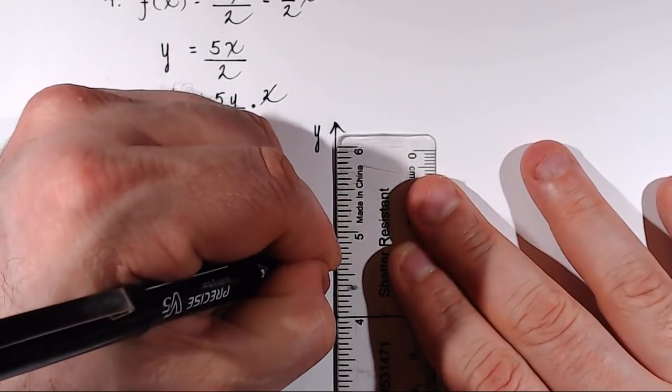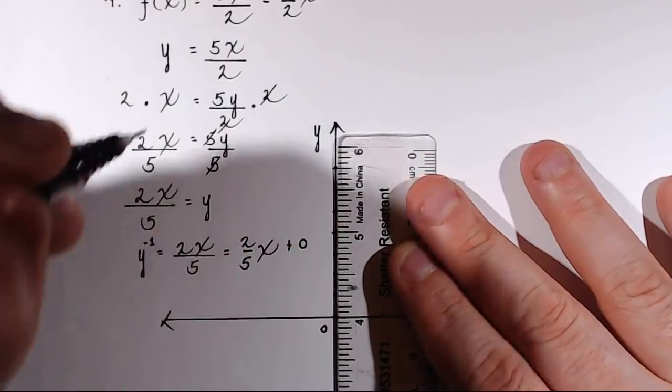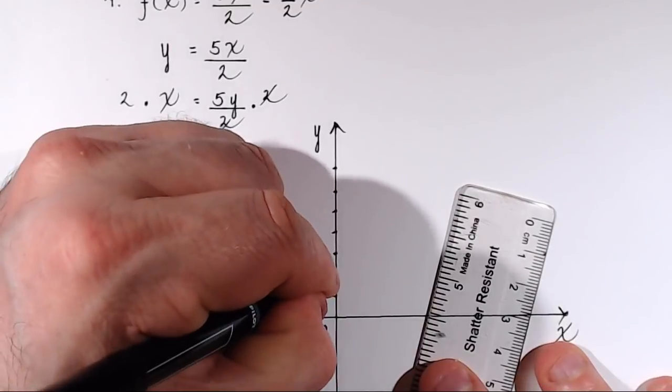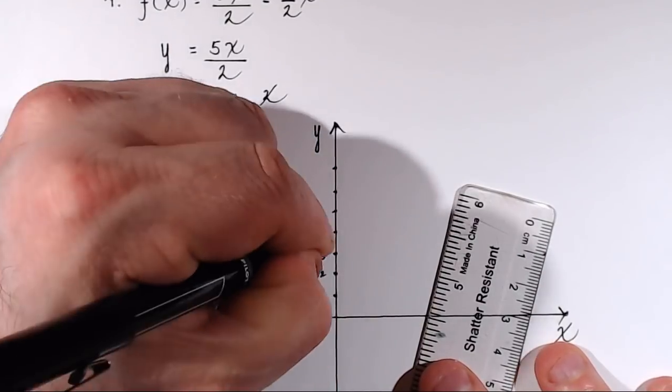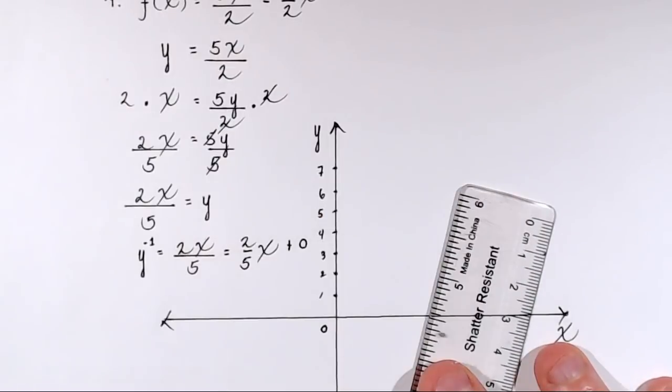So that's 1, 2, 3, 4, 5, 6, 7. They're each spaced 1/4 inch apart. 1, 2, 3, 4, 5, 6, 7.